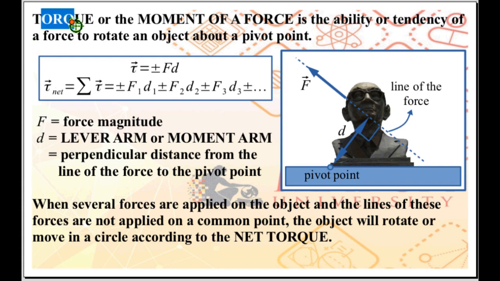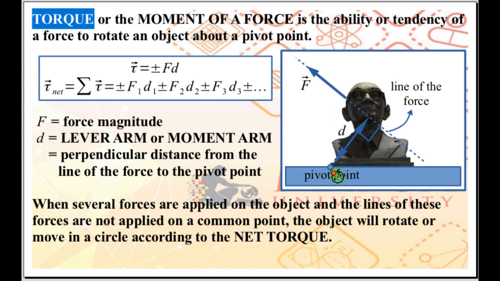Torque, or the moment of the force, is the ability or tendency of a force to rotate an object about a pivot point. Say you have an object, we apply a force F on the object in this direction, for instance.